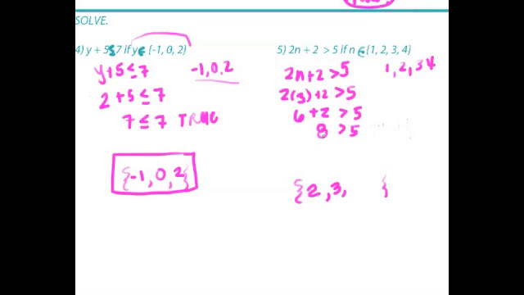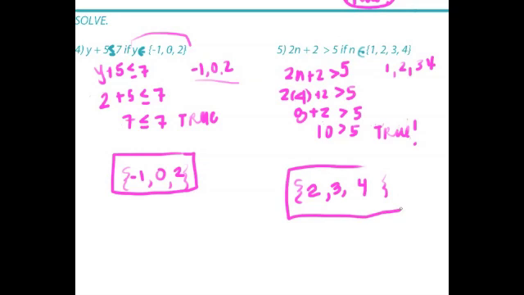Try plugging in 4, and then I will put my work in for you so you can see. It definitely works out, so I can put a 4 there. And there's my final answer. So that's it, and don't forget to take the quiz.